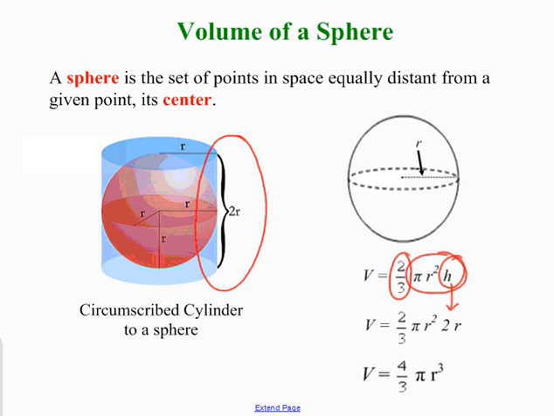And then the last step is to simplify this. So we have 2/3 times 2, which gives us 4/3 here. And we have r squared times r, which gives us the r cubed here. So the volume formula of a sphere ends up being 4/3 pi r cubed.